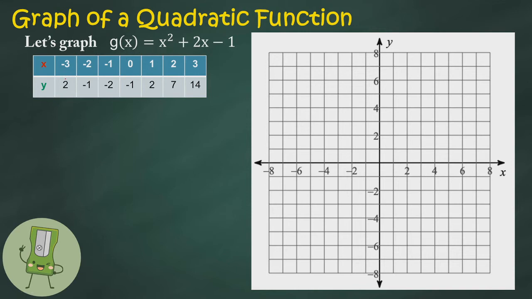Okay, so our first ordered pair is -3, 2. So that is in our second quadrant, which is -3. So it's here. And then 2. Therefore, the point is right here.